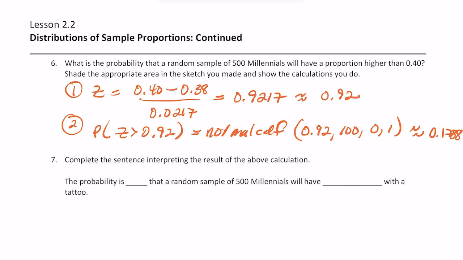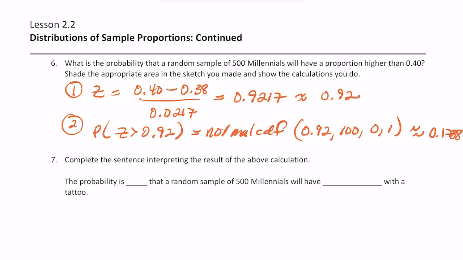If you were to select a random millennial, the probability that they would have a tattoo is approximately 17.88%. You could also say the proportion of millennials in a random sample that would have a tattoo is 0.1788.